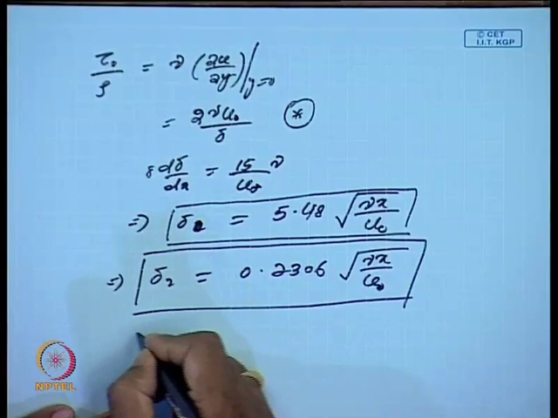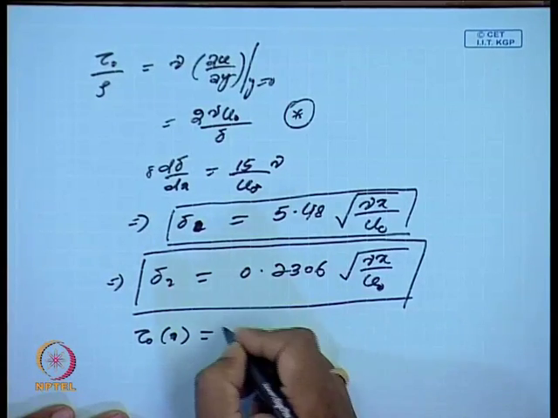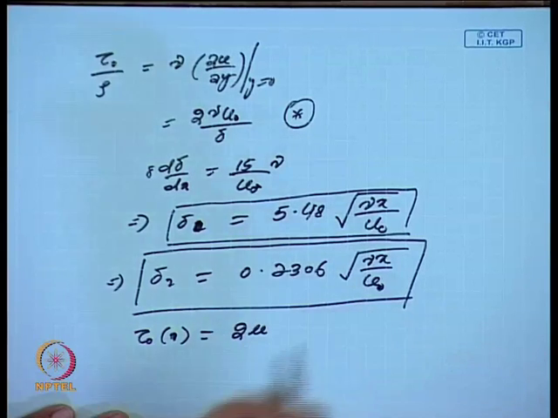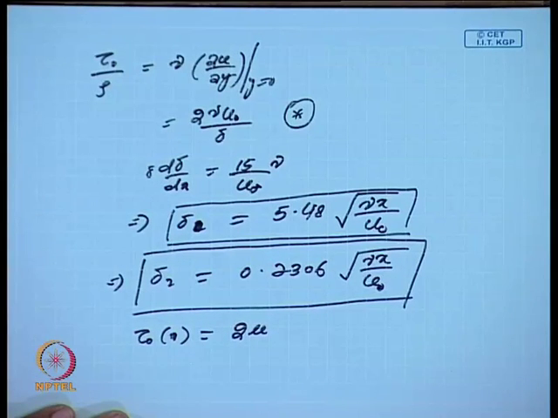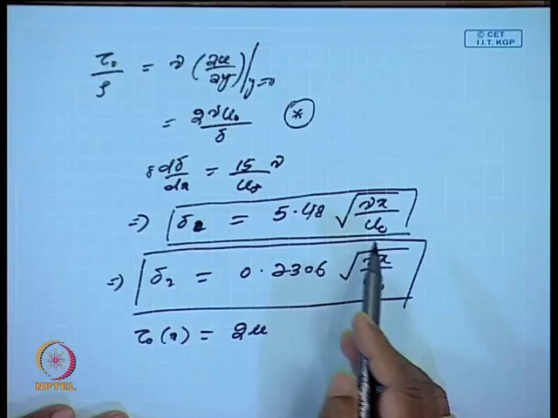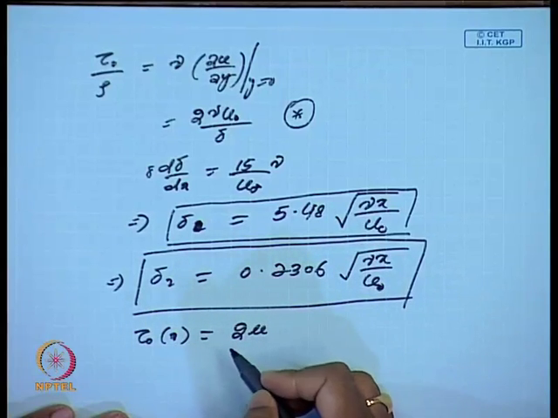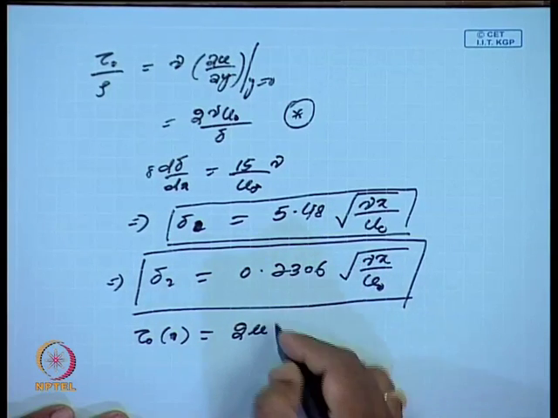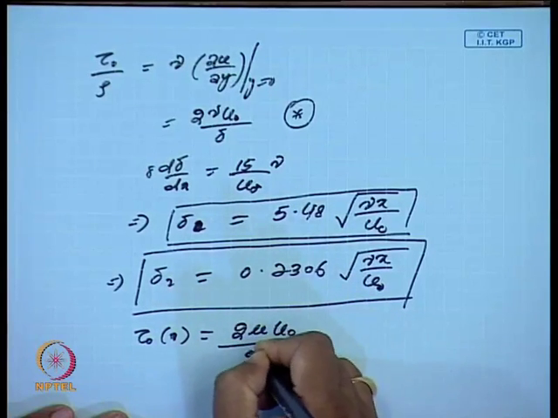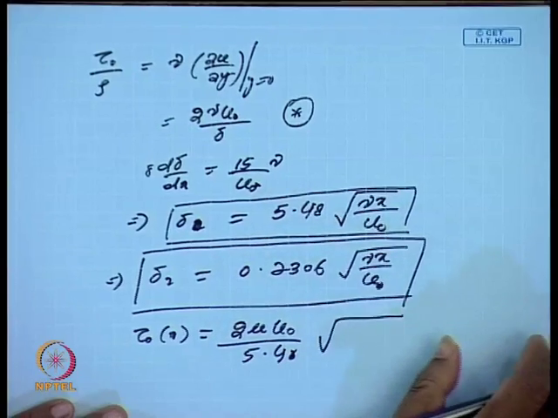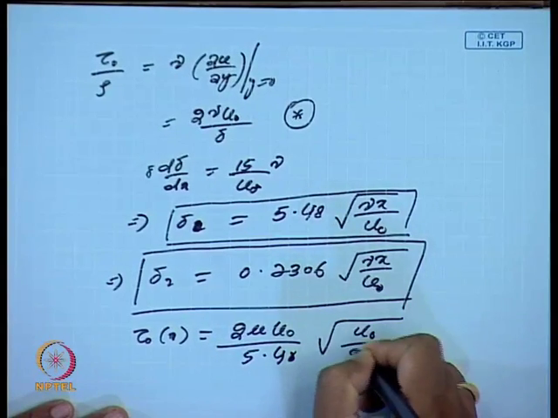Further, I will have tau naught x. I can always find 2 mu. So tau naught x will be 2 mu u naught by 5.48 into root of u naught by nu x.